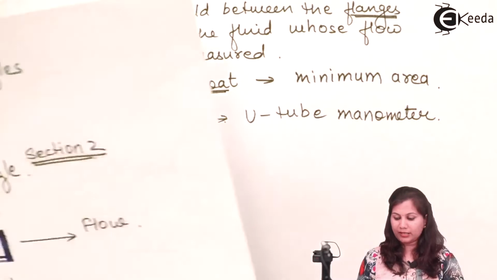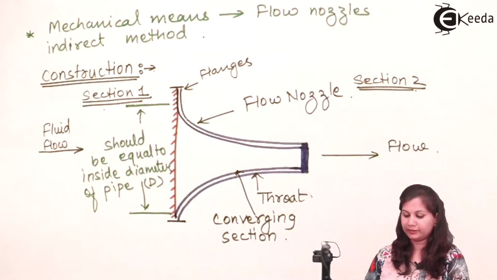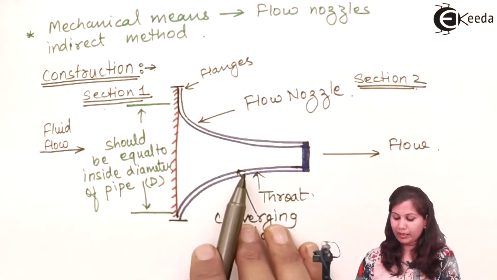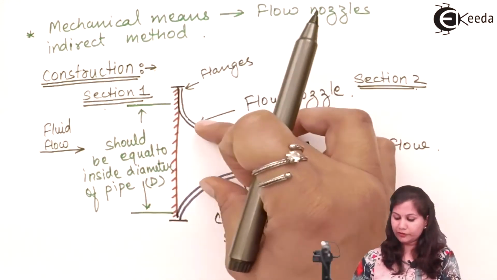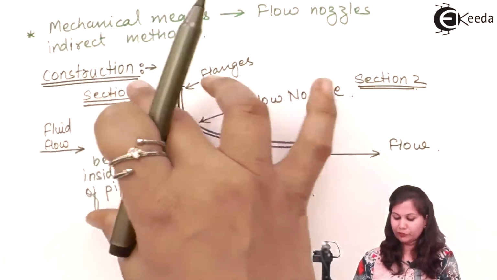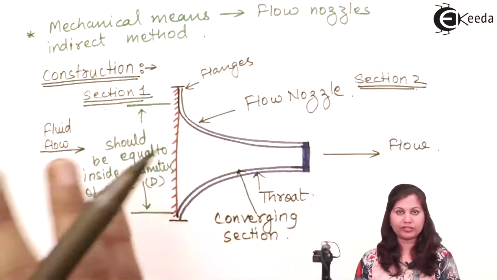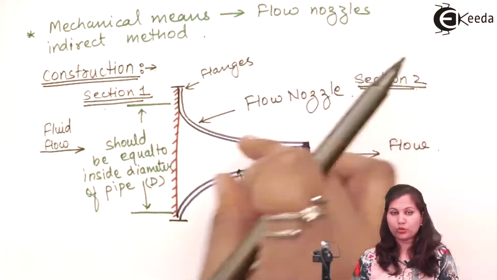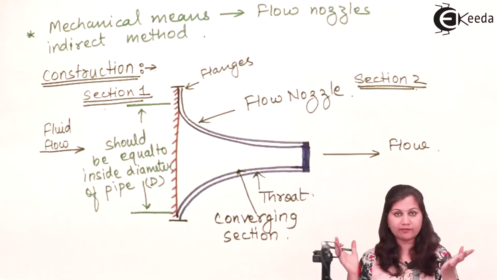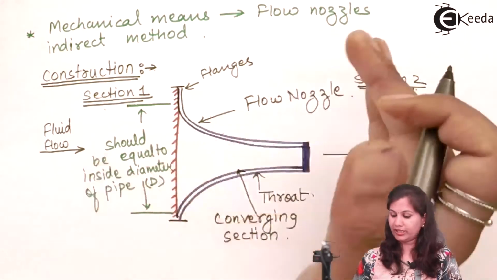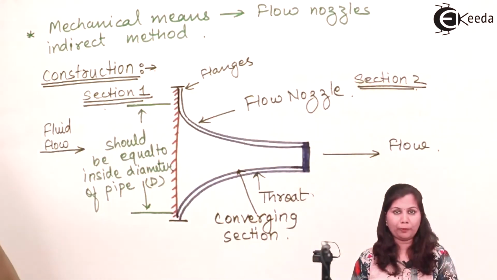So this was the construction of the flow nozzle, showing various parts of it. It consists of the converging part. Due to the converging part there will be a change in the pressure, because when the fluid is flowing in a greater area its velocity is less but pressure is high. But when it is passing through a very small area its velocity will be high but pressure will be minimum. So at section 1 we will have a high pressure reading, and at section 2 we will have a low pressure reading.